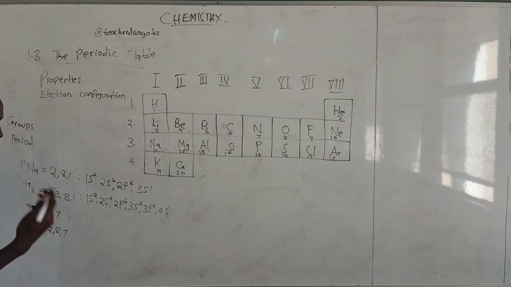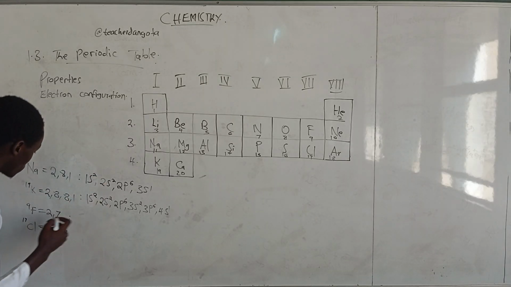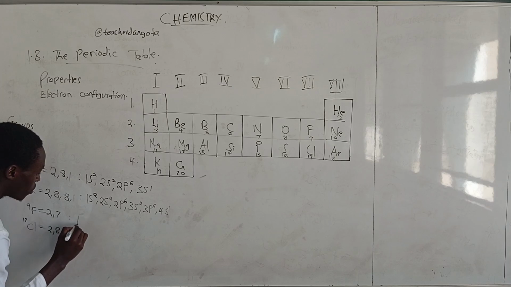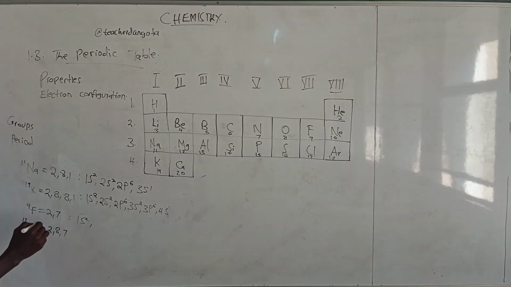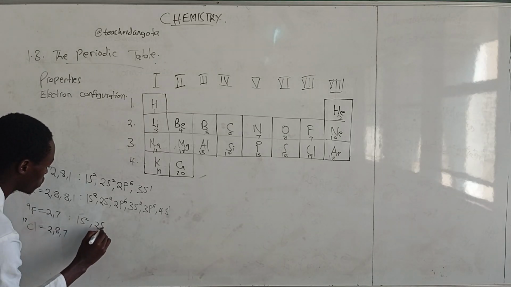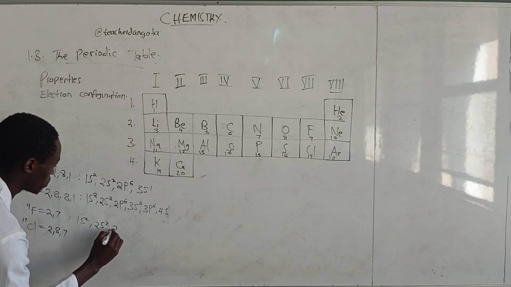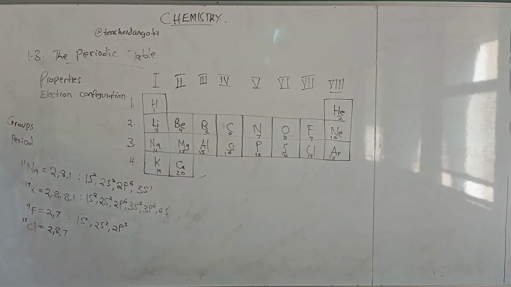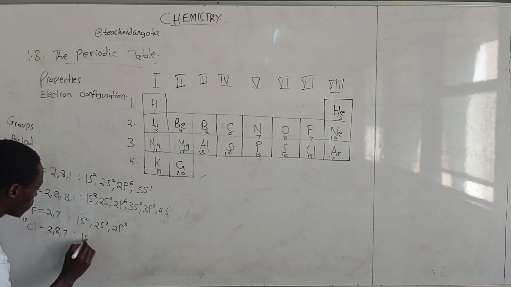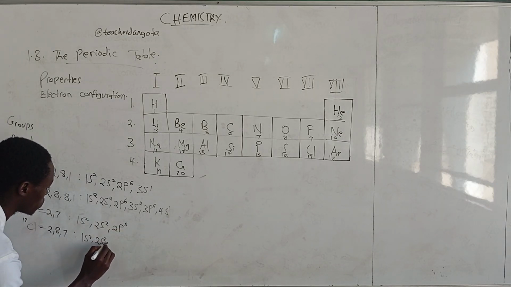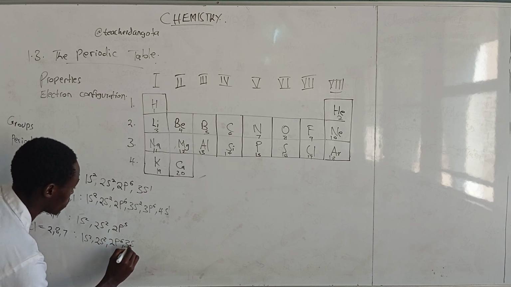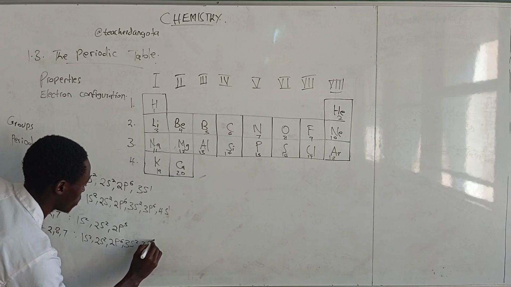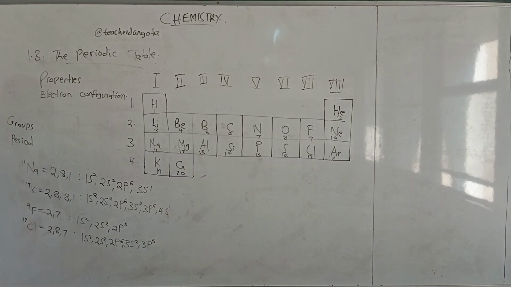Let's put that just to jumpstart your memory on the orbitals. So fluorine will be 1s2, 2s2, 2p5. Then chlorine will be 1s2, 2s2, 2p6, then 3s2, 3p5. You can see that there are the same number of electrons in the outermost energy level.